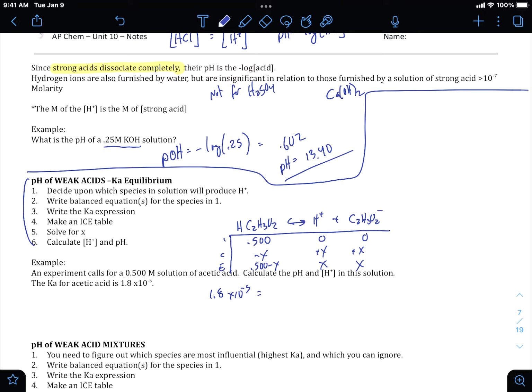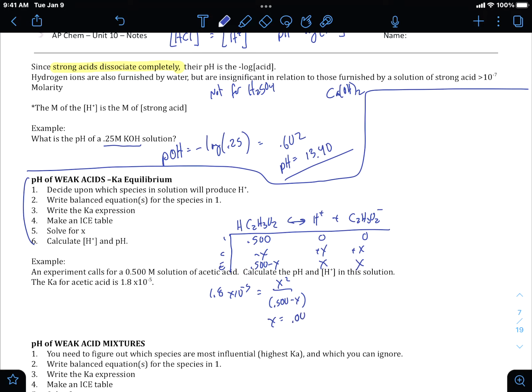So our law of mass action is the products over the reactants set equal to the equilibrium constant. In this case, the subtraction of X can be neglected. And for X, we get a value of 0.003.